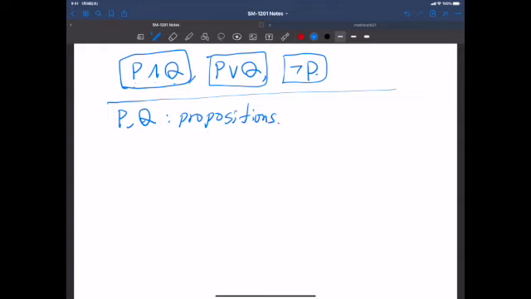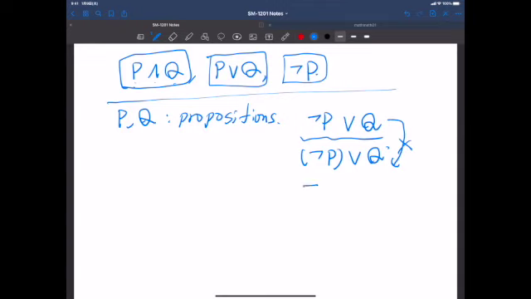Then what is the truth value of not P or Q? Okay. By the way, this means this, not P or Q. And by this, we do not mean not of P or Q. So this is wrong.